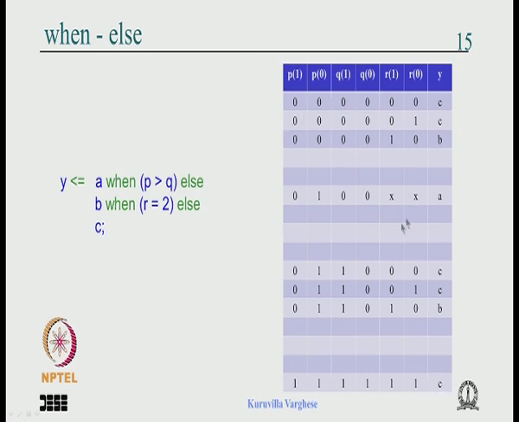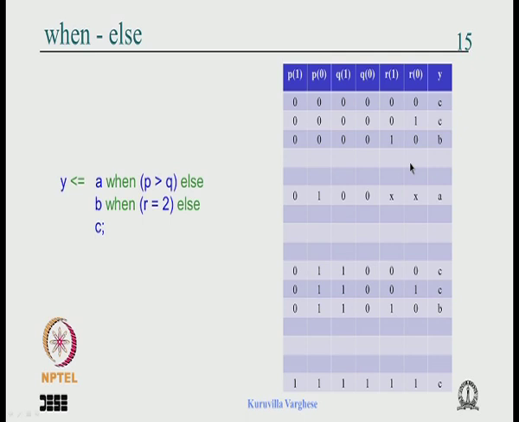So this truth table has 6 columns, so it is 64 rows, but if you bring in A, B, C then it is 6 plus 3, 9 columns.